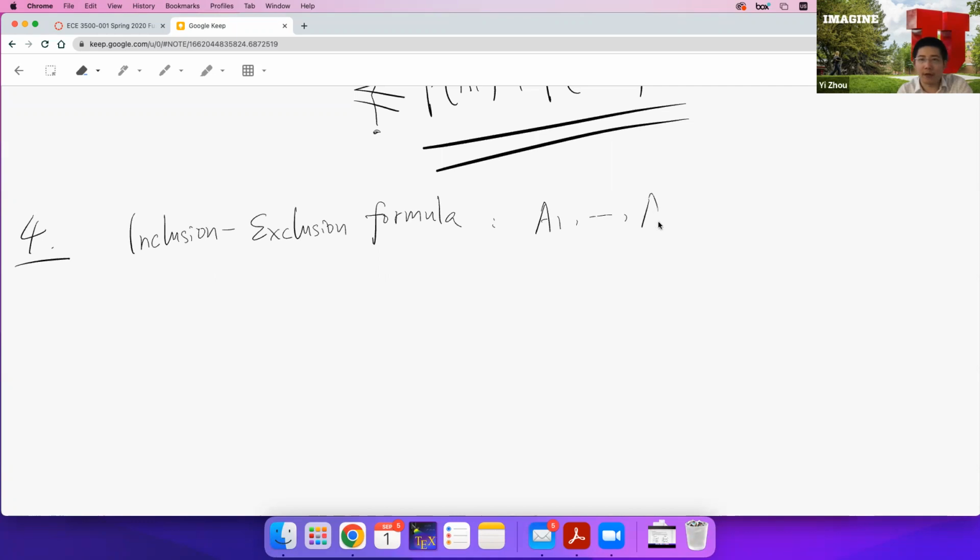For any finite number of events, or you can call them sets, the probability of this union event can be decomposed as follows.